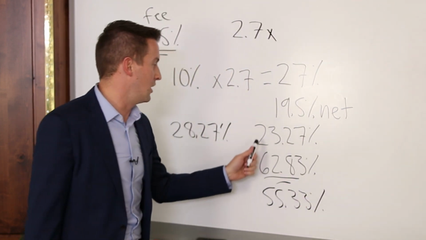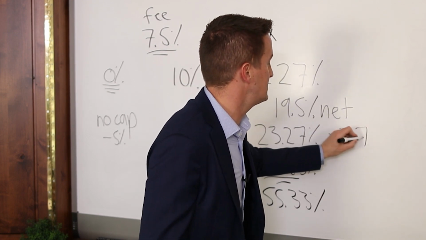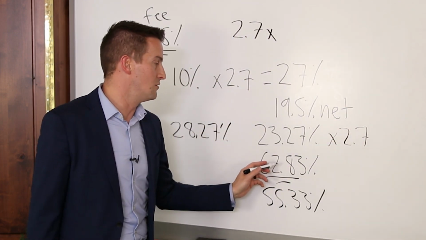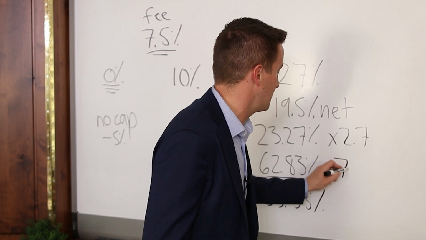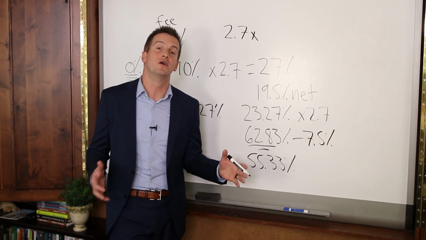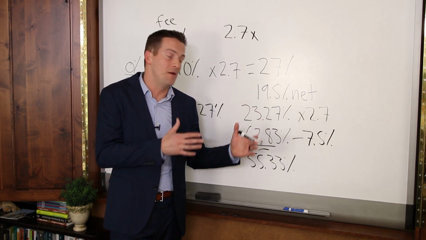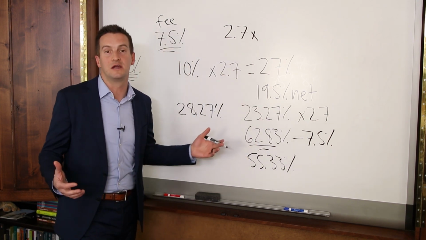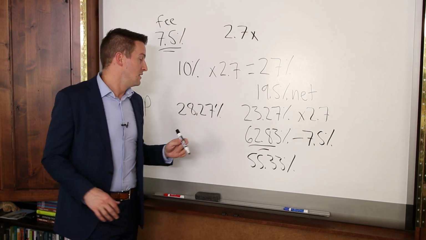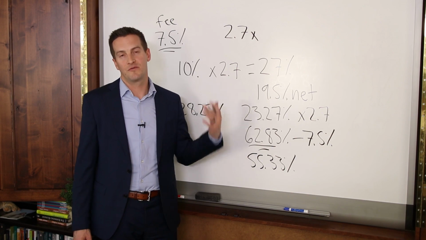I'm doing that kind of quick, but 23% times 2.7 gets us 62, and then we subtract out the 7.5 fee we had to pay to get there. 55% return, tax-free with this strategy inside of an IUL. So that's pretty cool: in 2008, -7.5, and in 2009, 55% return tax-free.